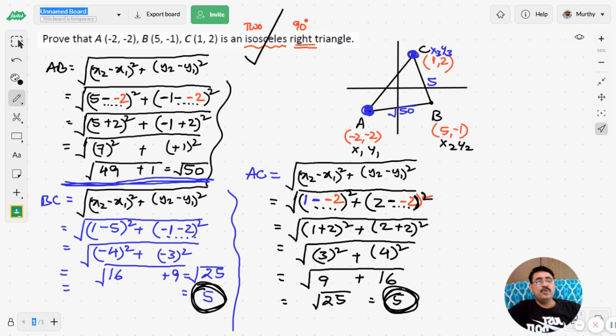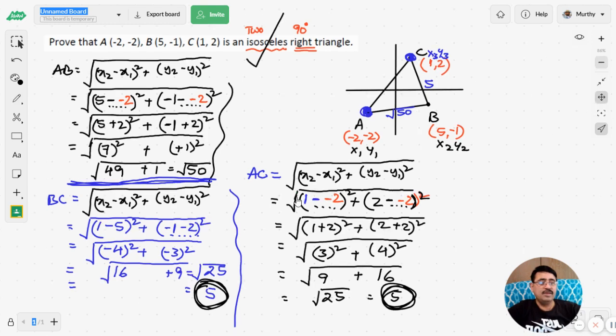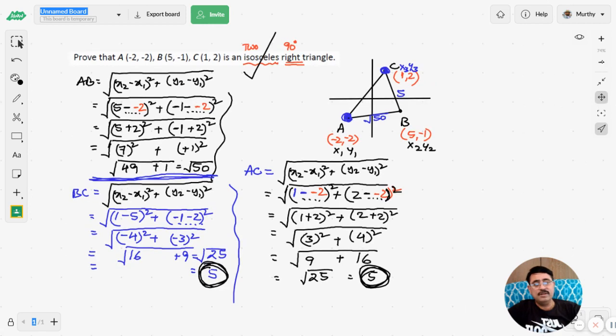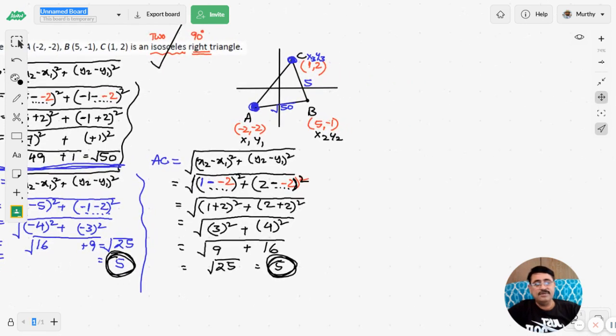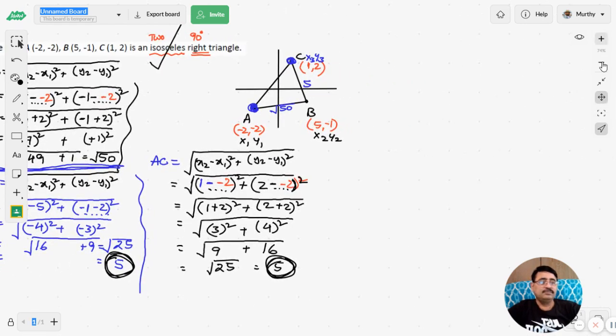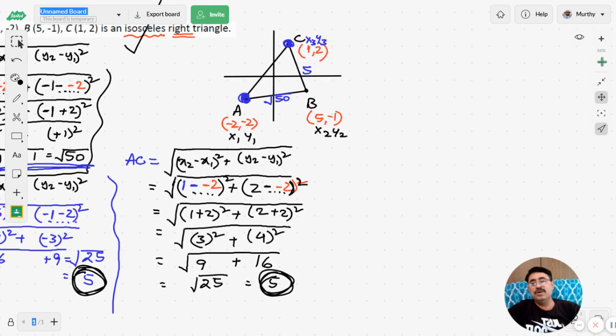Then how can you prove that it is a right triangle? If the slope of two lines is -1. Again, I'm repeating, I don't have enough space, so let me move this a little to this side. Okay, so you take the slope.